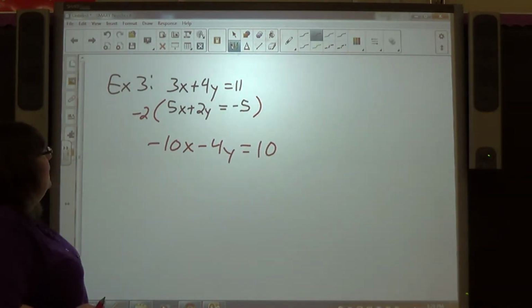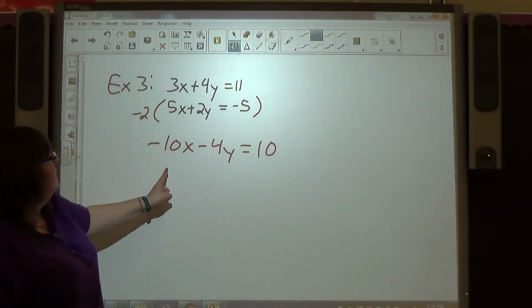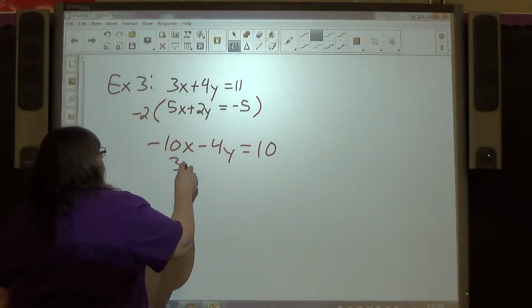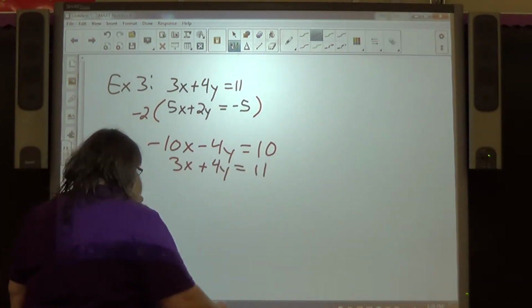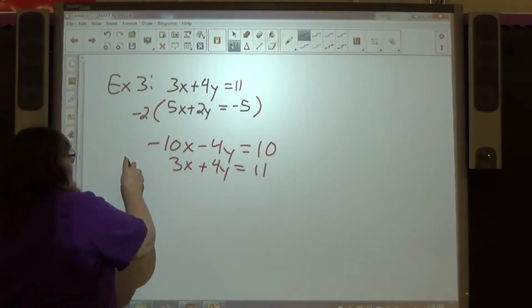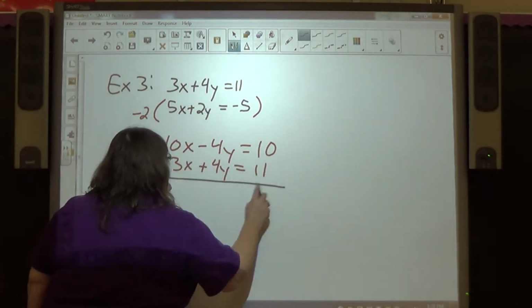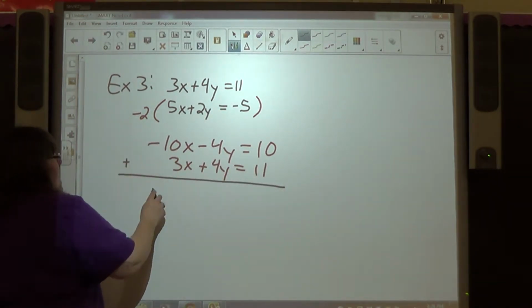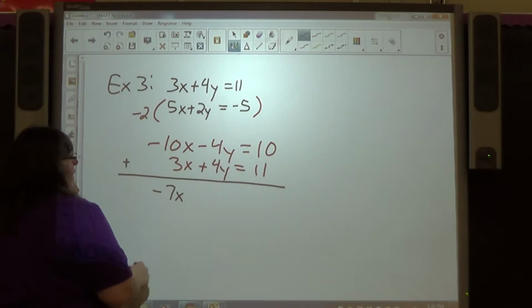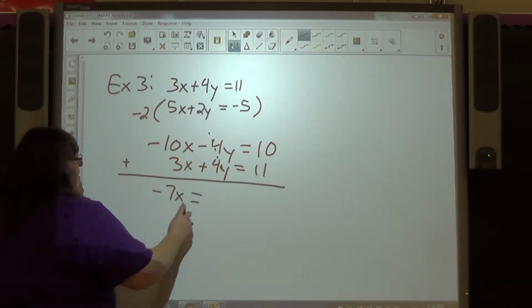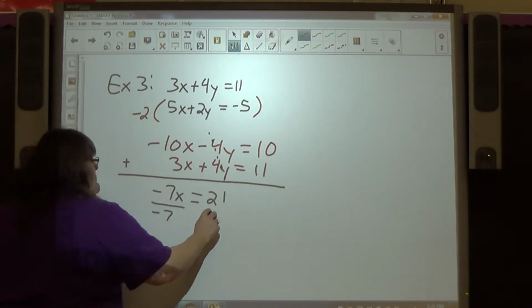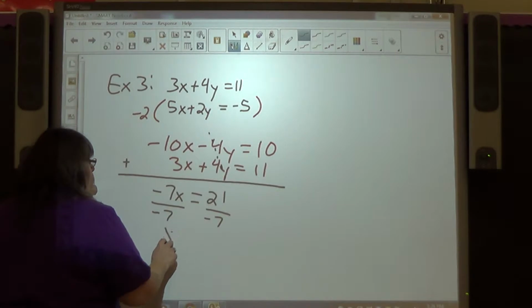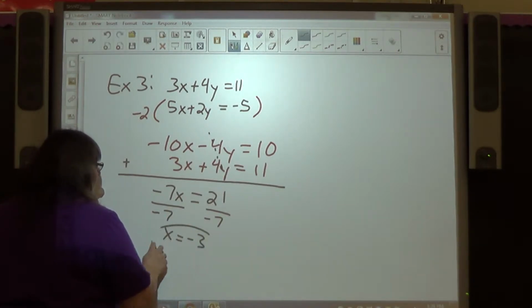All right, I'm going to bring the original equation underneath this one. 3x plus 4y equals 11. Now I'm going to perform my elimination. Negative 10 plus 3 is negative 7. The y's eliminate. And 10 plus 11 is 21. Divide by negative 7. So x is negative 3.